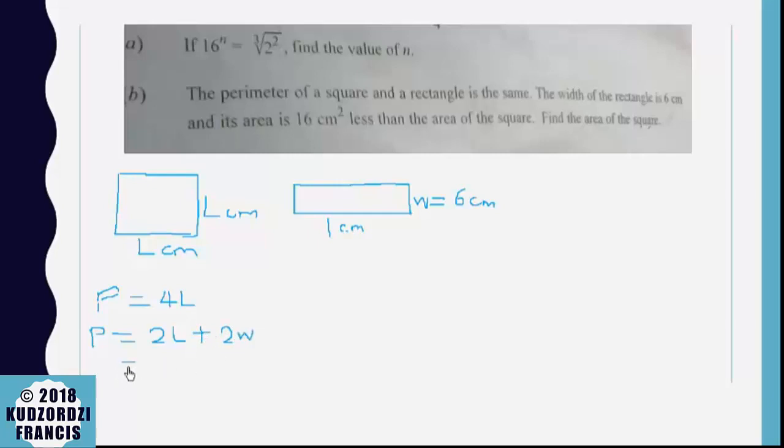So we're given that the width is 6 centimeters, so the perimeter is 2 times small l plus 2 times 6. So this will give us 2 times small l plus 12. So that's the perimeter of the rectangle.